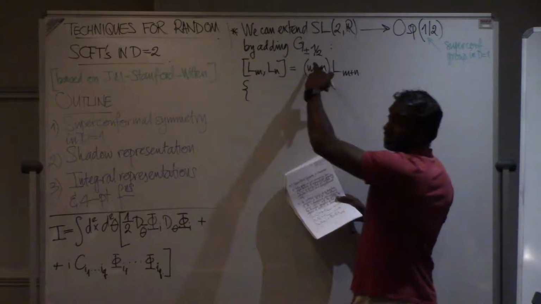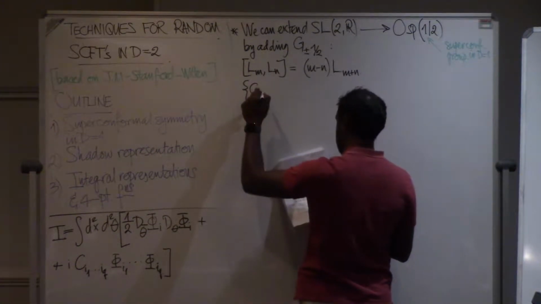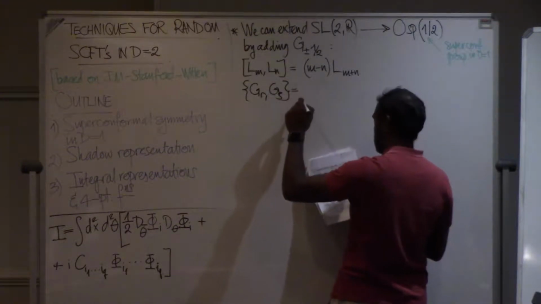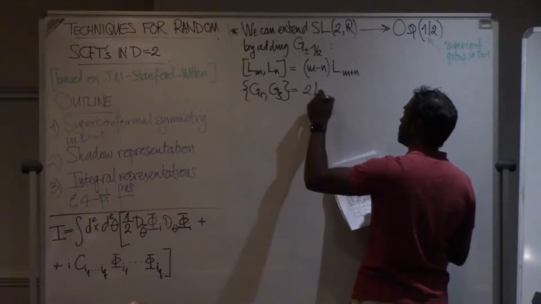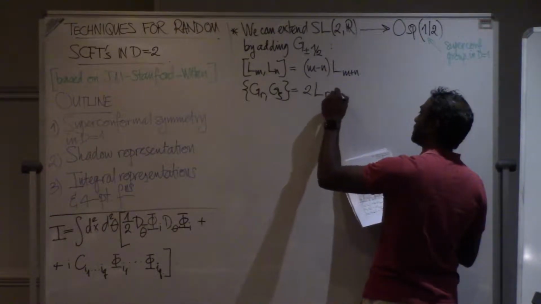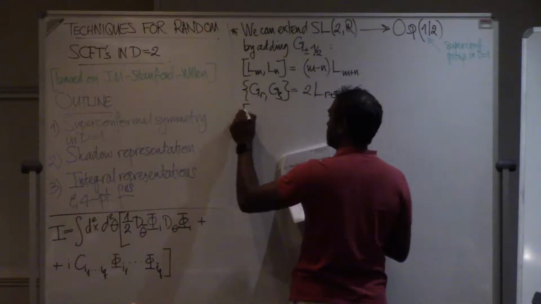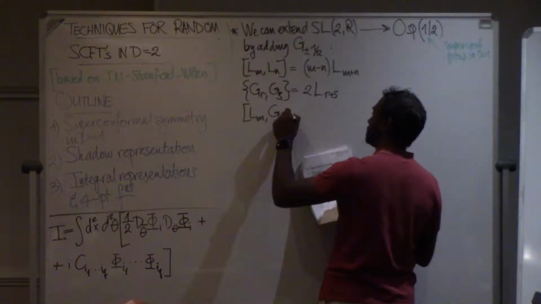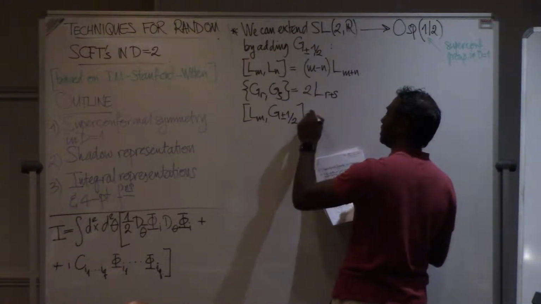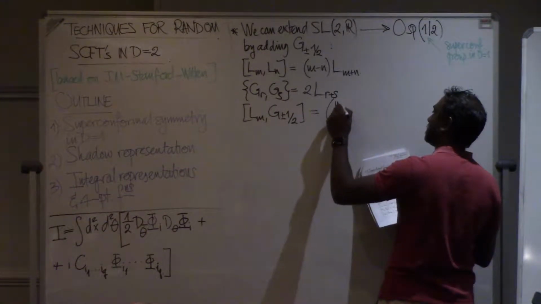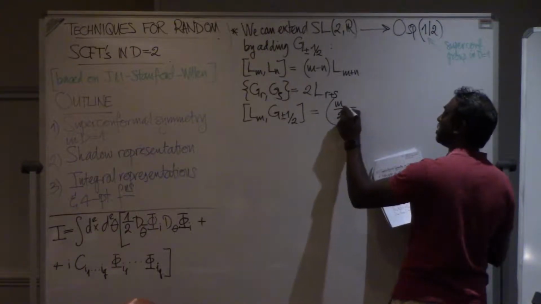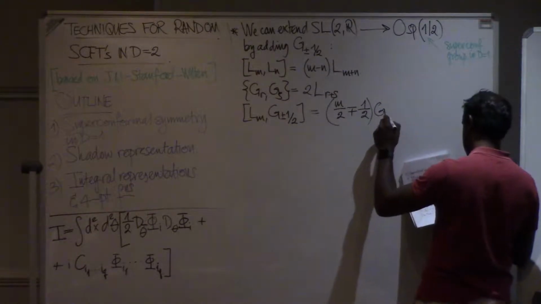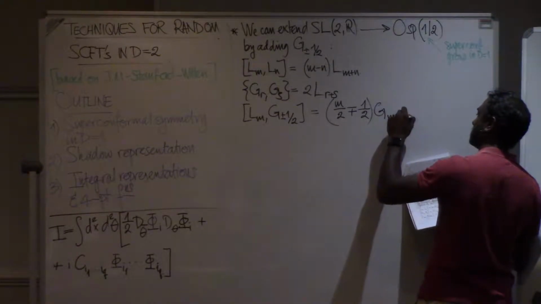The anti-commutator, because these are the fermionic generators, of G R with GS is 2 L R plus S, and the commutator between Lm with G plus or minus a half is M over 2 minus plus a half G M plus or minus a half.